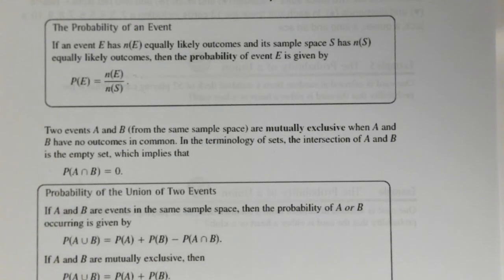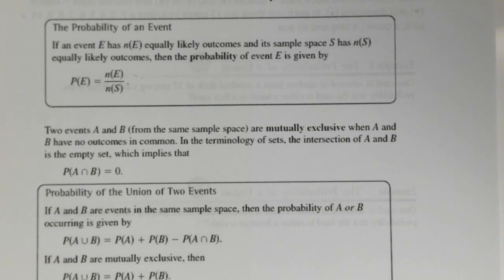So what we mean by that is, for example, if I say, what's the probability of rolling the dice and either getting a number 3 or getting an odd number? Well, those two are not mutually exclusive because 3 is an odd number. Does that make sense?